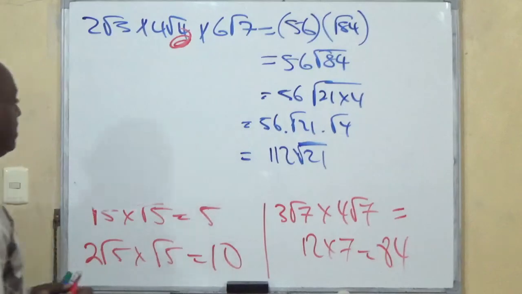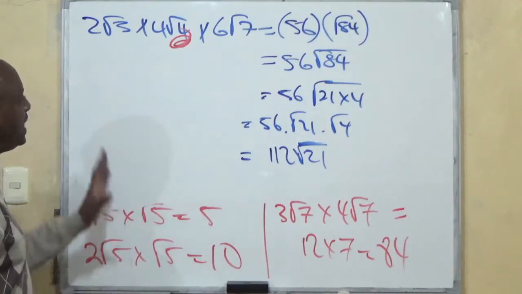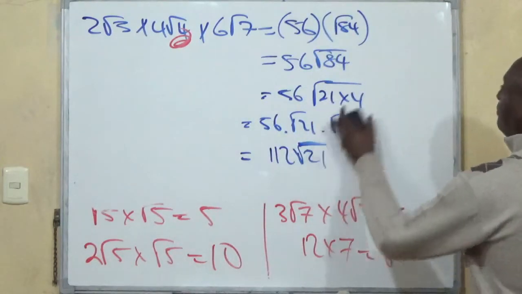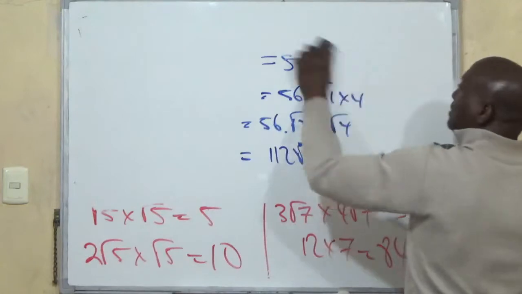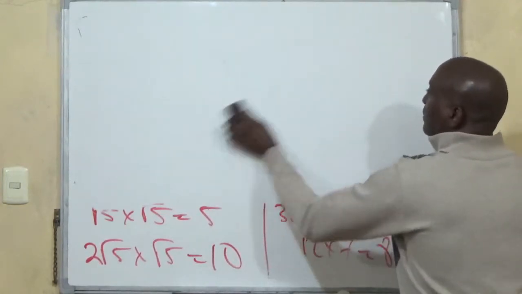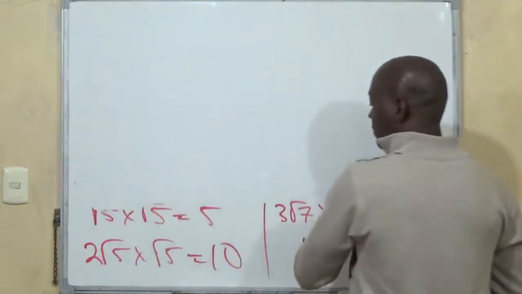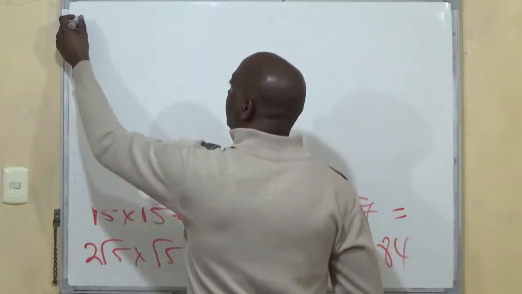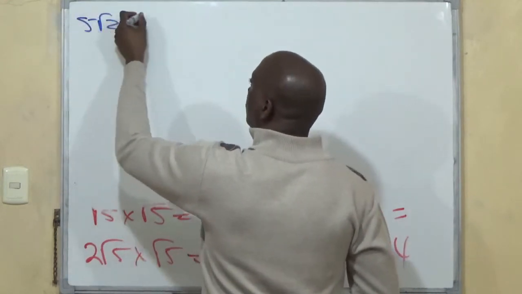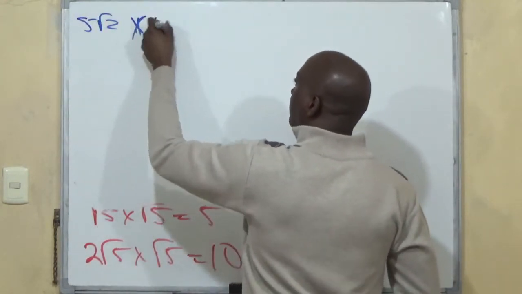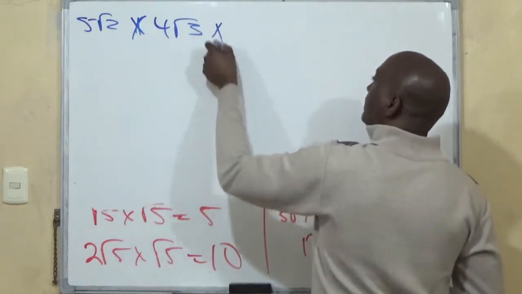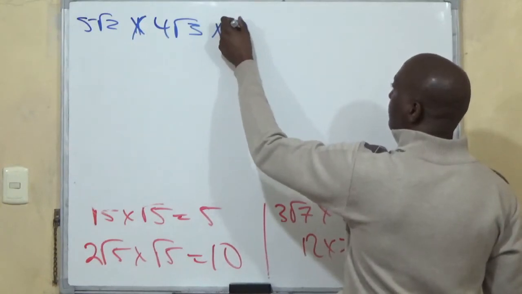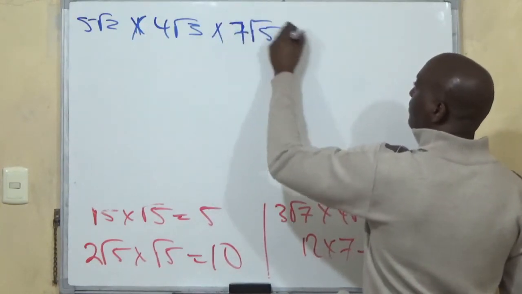So let me do another example just to demonstrate that we can in fact multiply surds with different surd factors. Sometimes when we need random examples, we just come up with some crazy stuff. But all of that is what makes the maths nice. So let me go again. Let us say you have 5 root 2 multiplied by 4 root 3 multiplied by, let me say, 7 root 5.